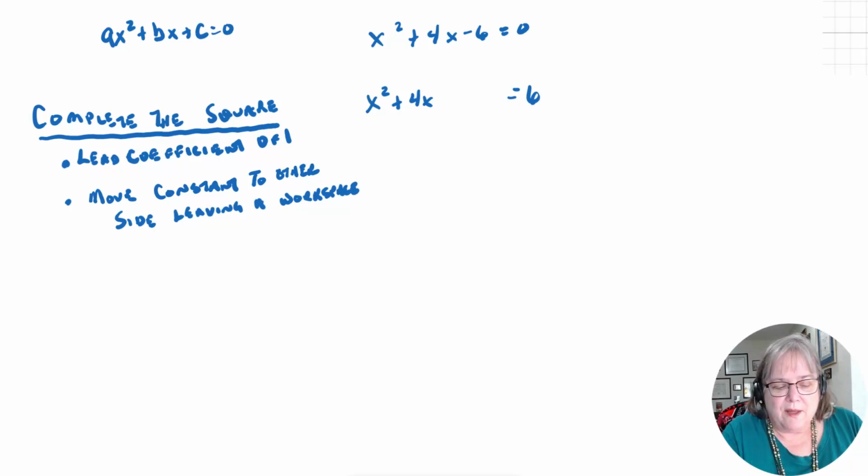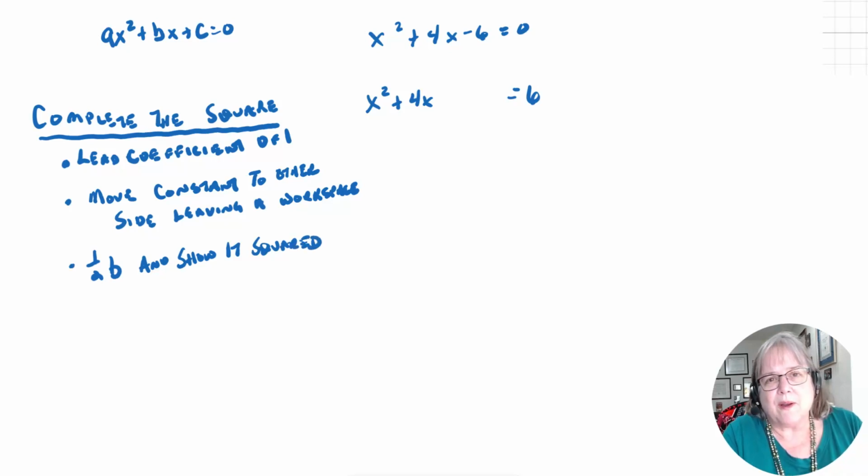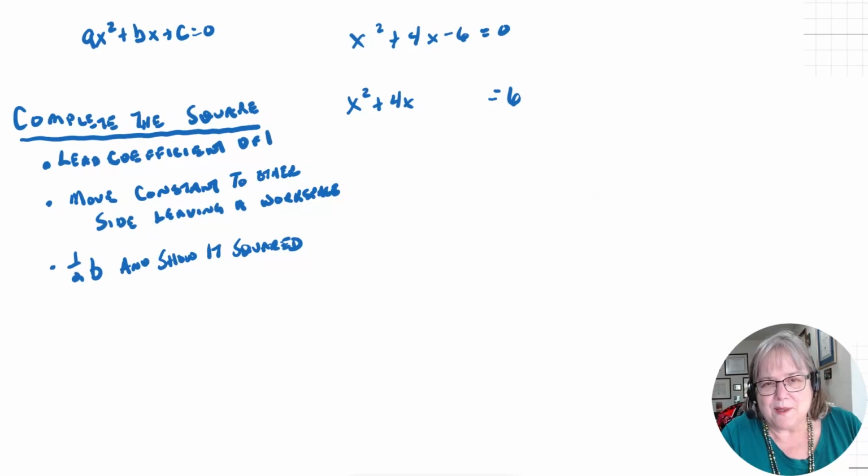All right, then you take half of b. Okay, now b is just the coefficient that multiplies the x. You take half of b, okay, and show it squared. You can square it, but it just makes you have to undo it if you actually square it. Okay, I'll show you in a minute what that means.